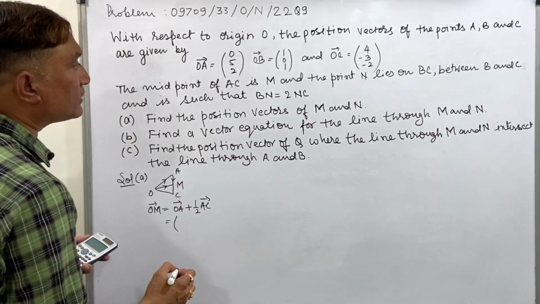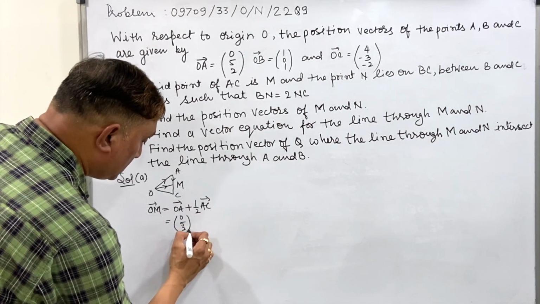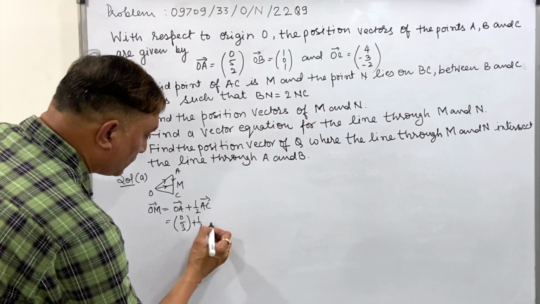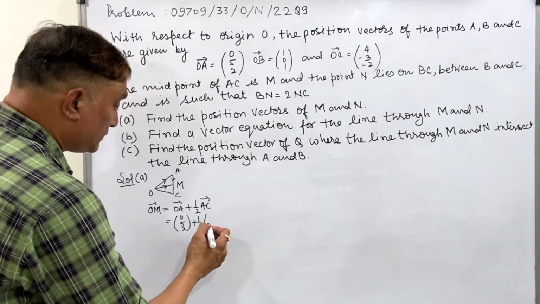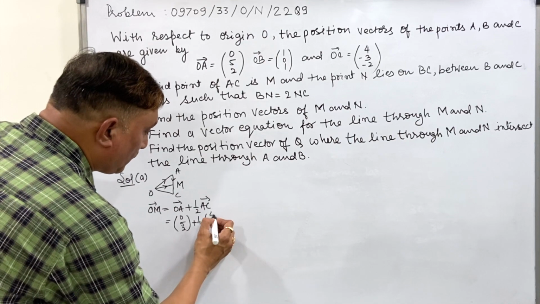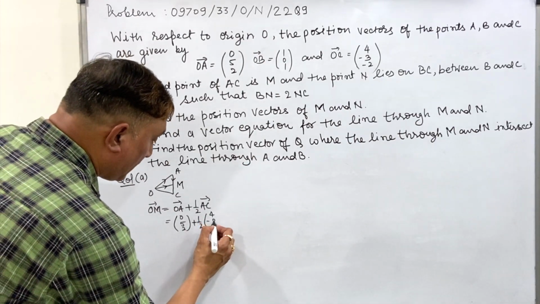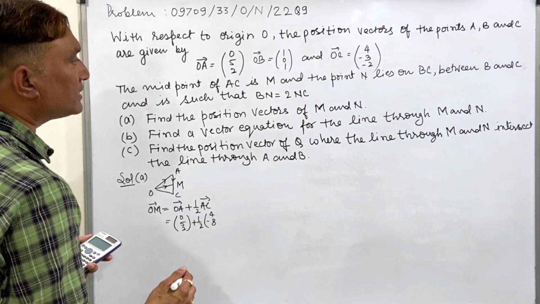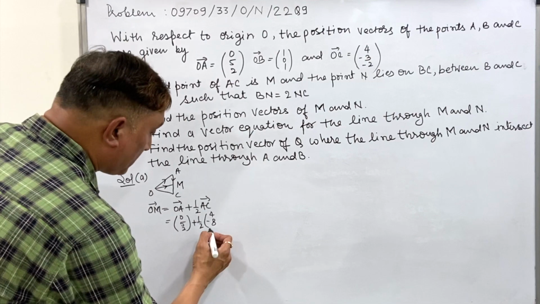OA vector we know is (0, 5, 2) plus 1 upon 2. My AC vector is 4 minus 0, so it would be 4, -3 minus 5 would be -8, and -2 minus 2 would be -4.